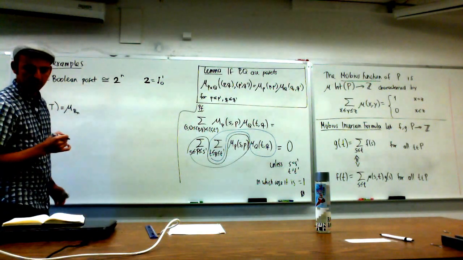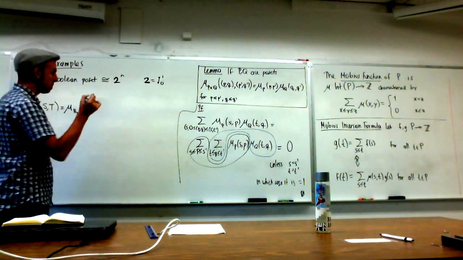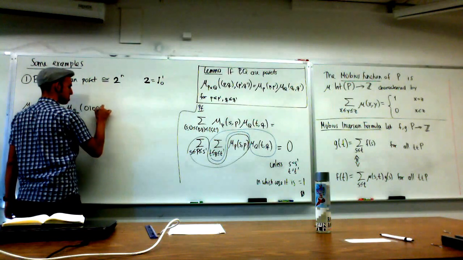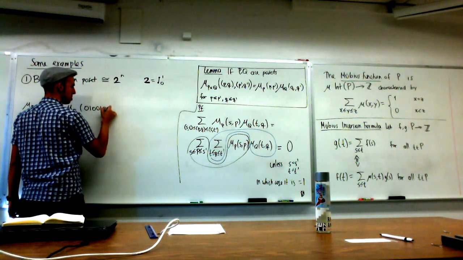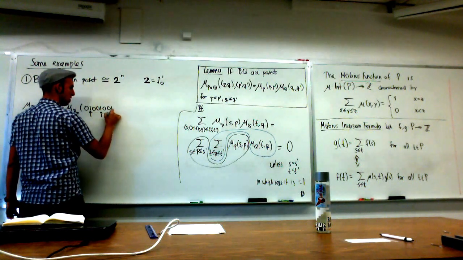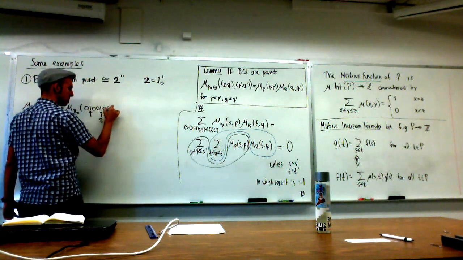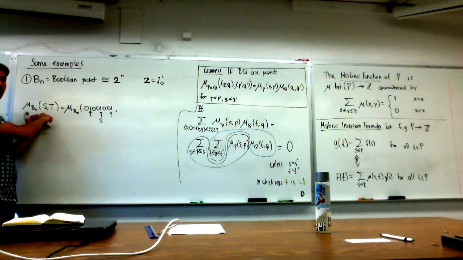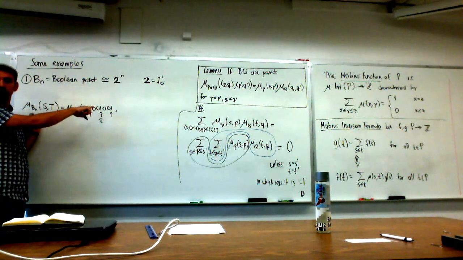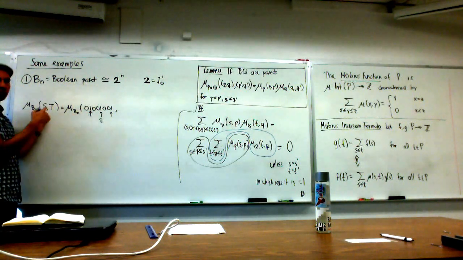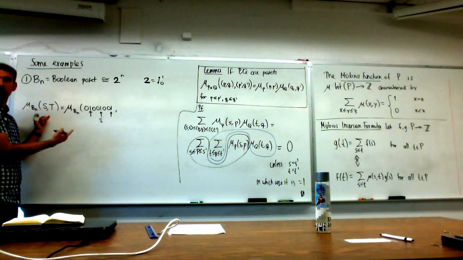I can think of S as being a 0, 1 vector, where the ones are the positions of S, and the zeros are the things not in S. So I have a set, and I represent it as a 0, 1 vector. And then T is going to be some set that contains this one.